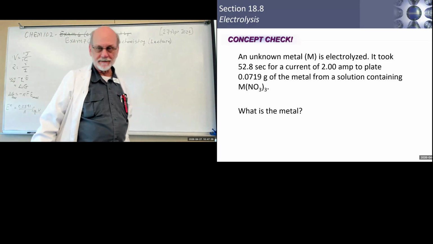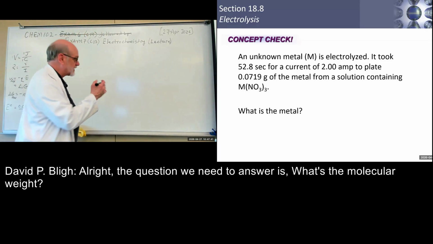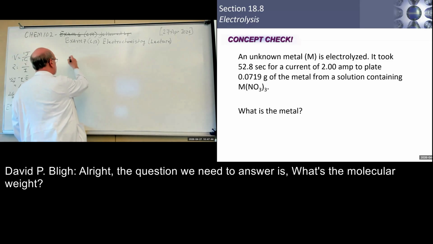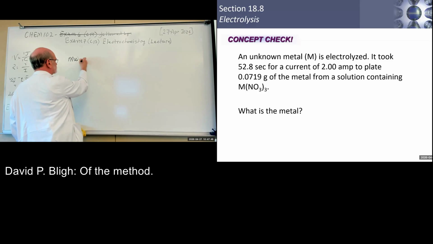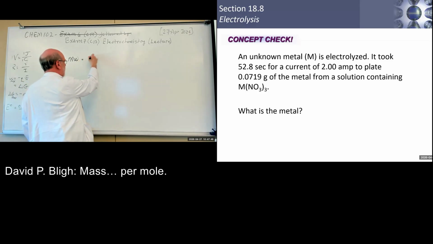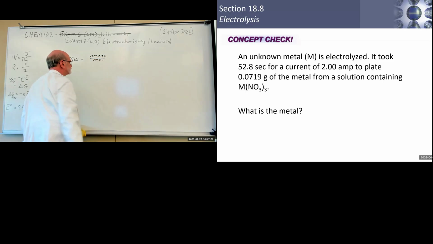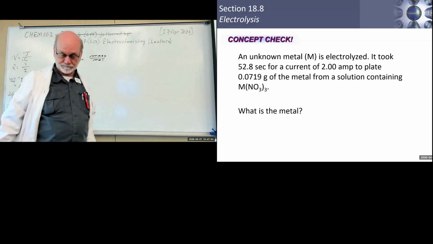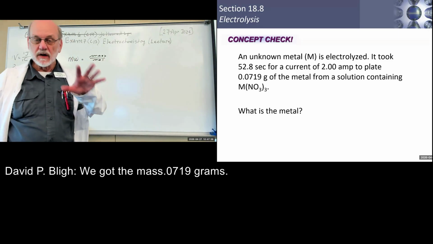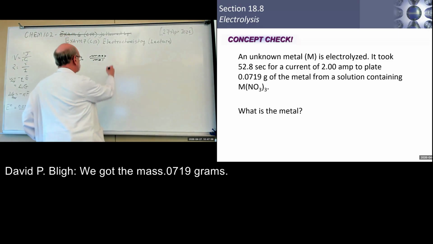What is the metal? All right. The question we need to answer is, what's the molecular weight of the metal? Mass per mole. Okay? We got the mass, 0.0719 grams.